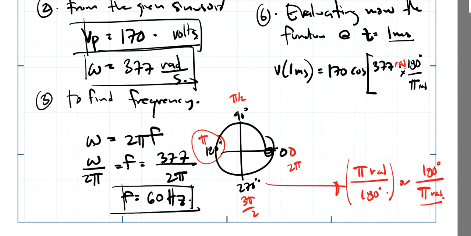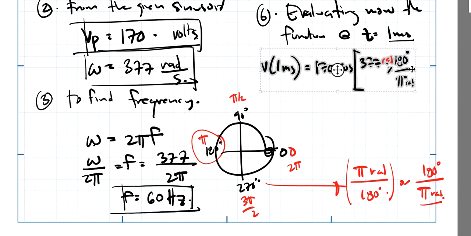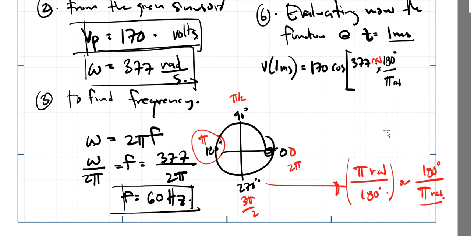So radians will cancel out. So this is degrees, this is radians, and we have the unit of time. This is radians per second, by the way. So the time is 1 millisecond, which is 1 over 1000, in seconds.